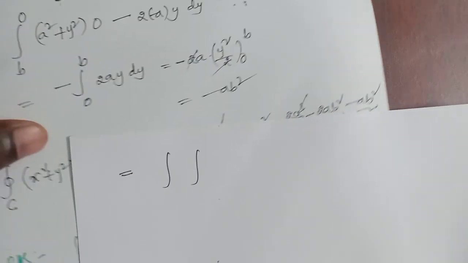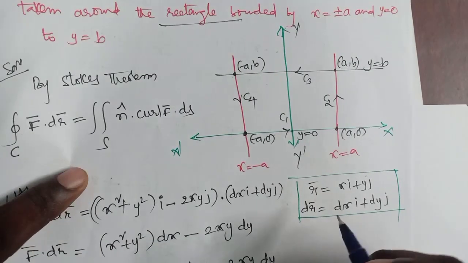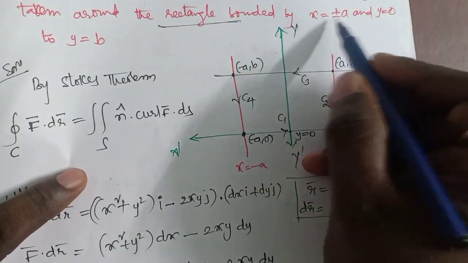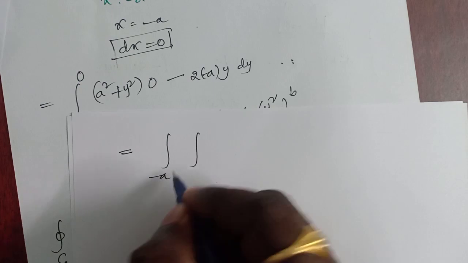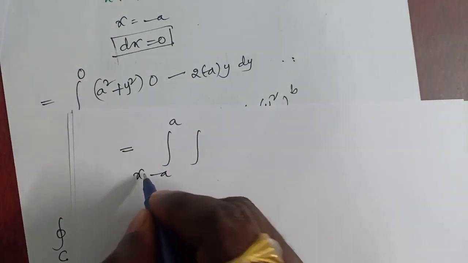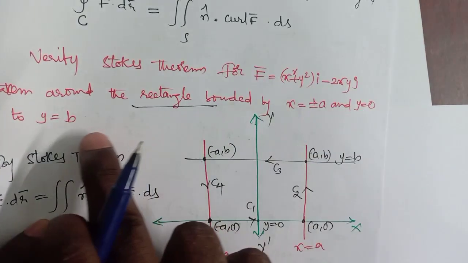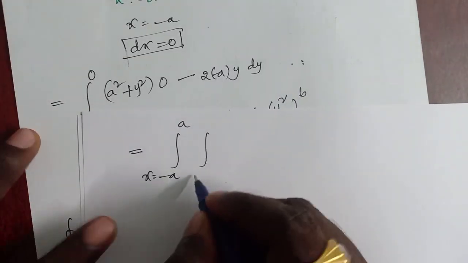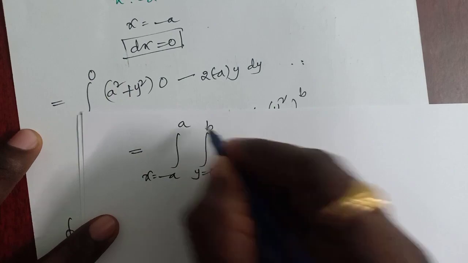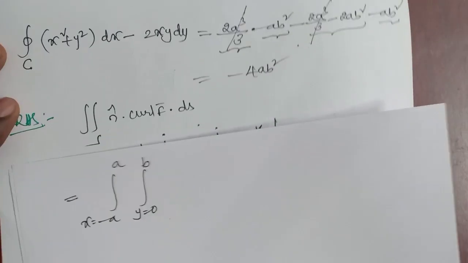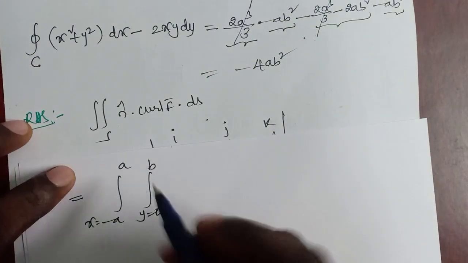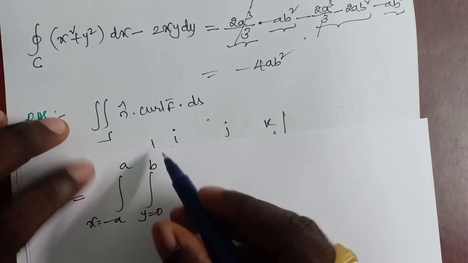What are the boundaries for x and y? The boundaries of x are minus a to a. So these are the boundaries of x, second integral. Coming to the boundaries of y, it is 0 to b. So x is from minus a to a and y is from 0 to b.